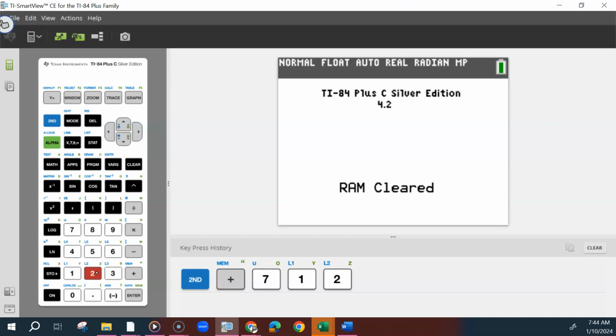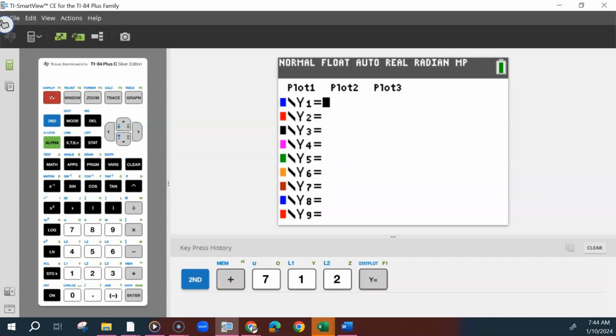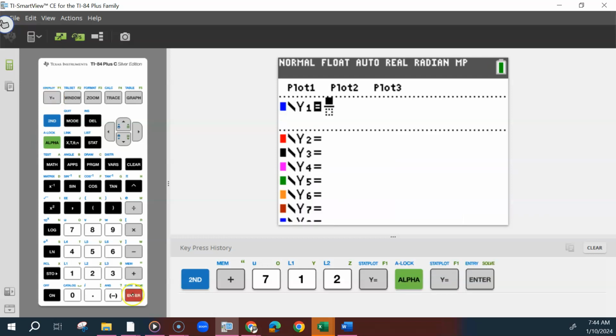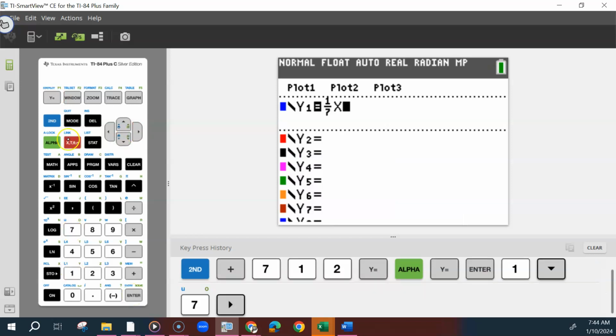In your y equals, you're going to type in both equations, one into y1, one into y2. So alpha y equals, to get your fraction, 1/7 x plus 6.